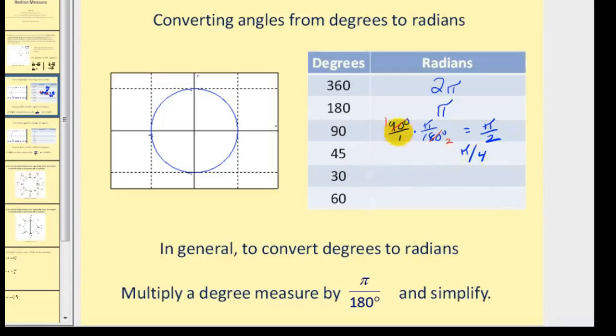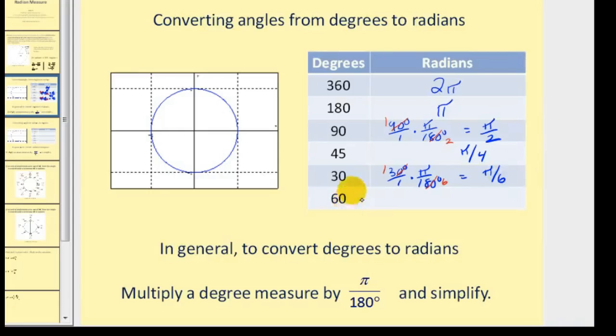I'll go ahead and show this one as well. 30 degrees over 1 times pi over 180 degrees. Simplifying, 30 degrees is equal to pi over 6 radians. That's important because a lot of the angles that we will encounter will be multiples of 30 degrees, and therefore multiples of pi over 6.